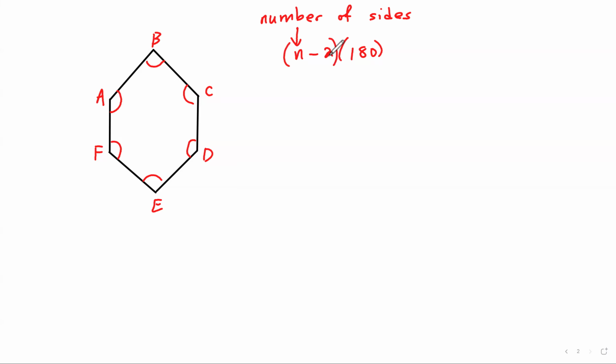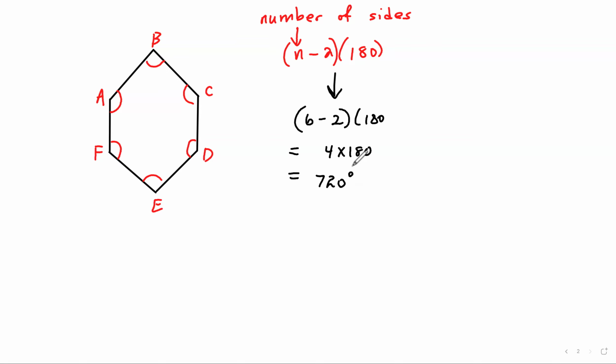So to find the sum of the interior angles in this hexagon, I would say (6 minus 2) multiplied by 180, which is 4 times 180. What would that give me?